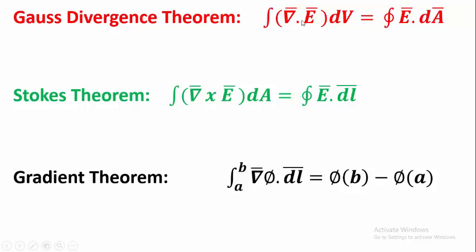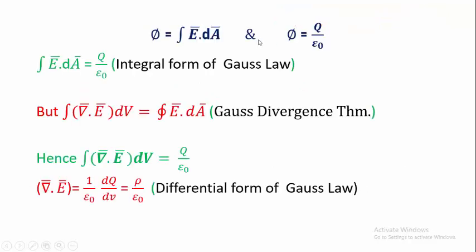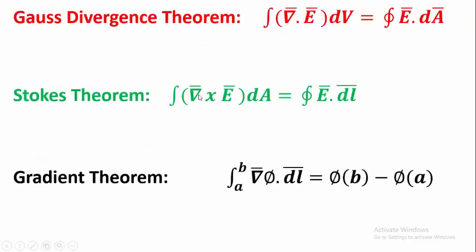Just look at the left hand side. Here the divergence is involved. Here the curl is involved. Here the gradient is involved. Now what is common on right hand side? The right hand side has a total integral. Now let us remember the sequence: divergence, curl and gradient.